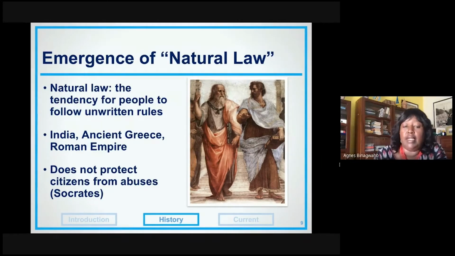However, natural laws do not protect citizens and are not for everybody because they don't consider all humans as equal. In the same society, there were slaves, considered as commodities by masters that had the legal right to enslave them, to kill them, or rape them. These natural laws were protecting only the wealthy.